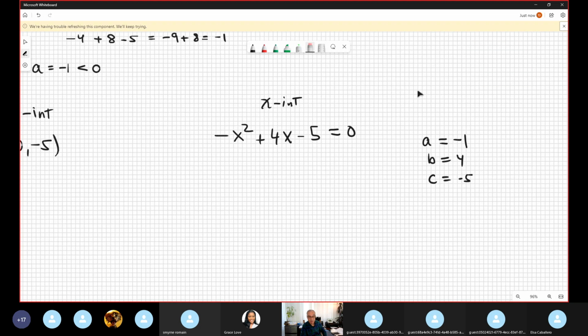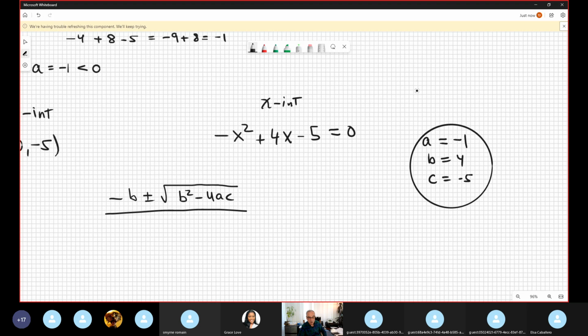Okay, so now let's move on. I copy my quadratic formula: negative b plus or minus the square root of b squared minus 4ac, divided by 2a. In our specific example, b is 4, so negative 4 plus or minus the square root.